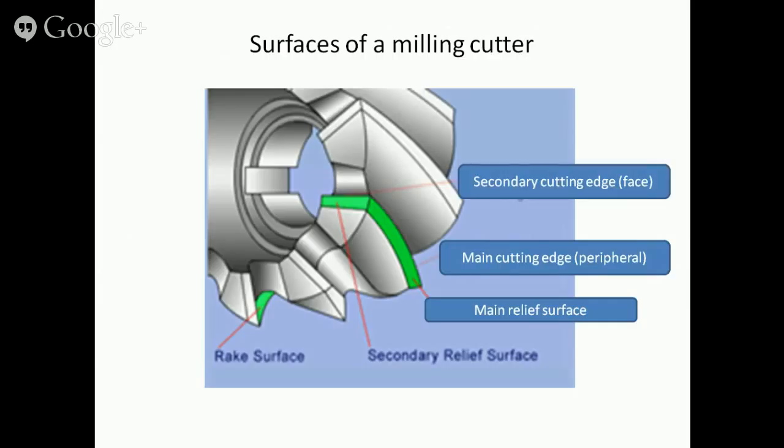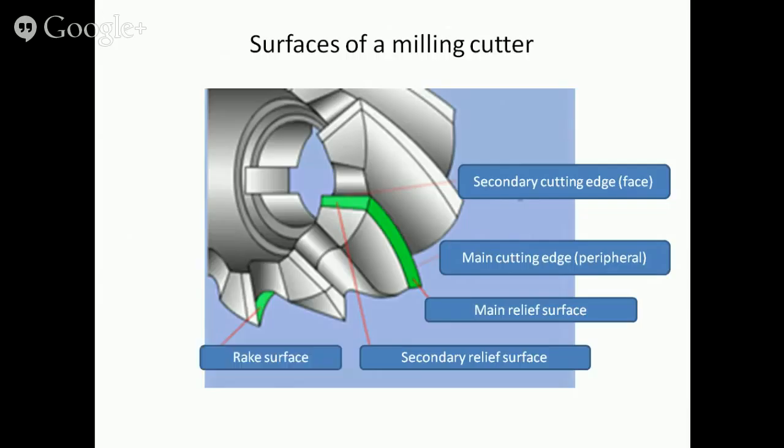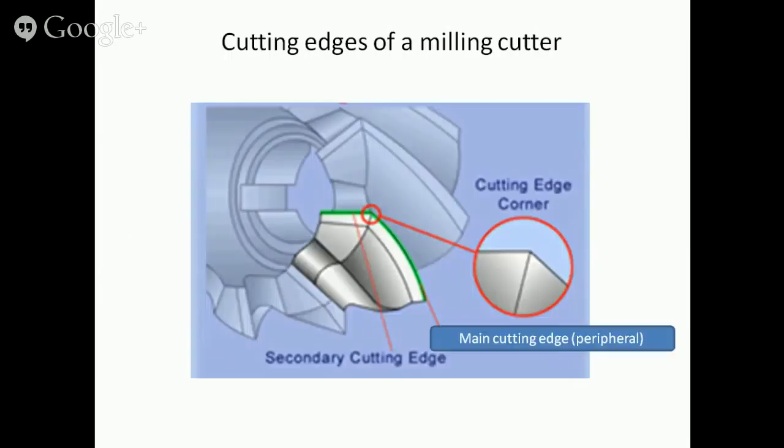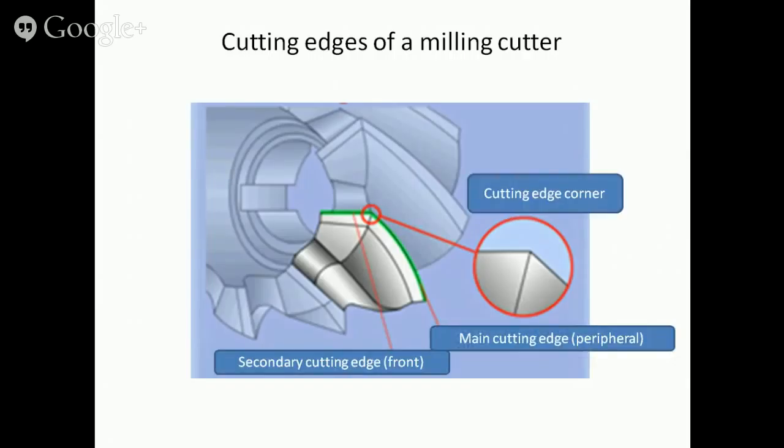The secondary cutting edge is at the face of the cutter, and the corresponding surface is the secondary relief surface. The rake surface is the surface on which the chip is formed. The meeting point of main and secondary cutting edge is the cutting edge corner.